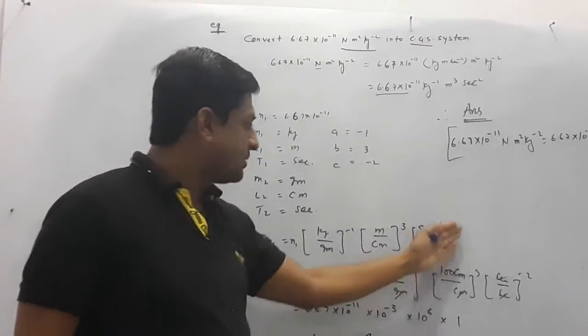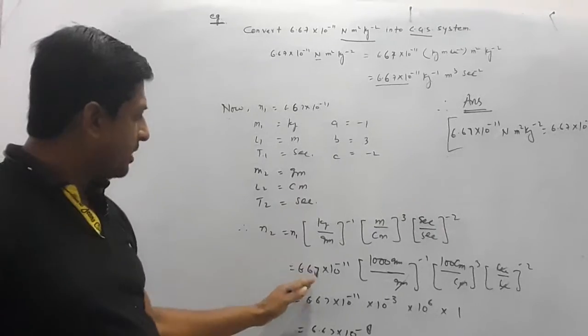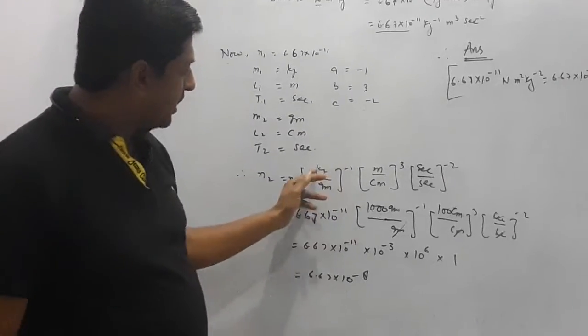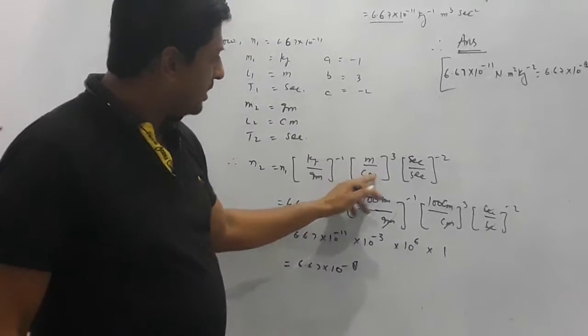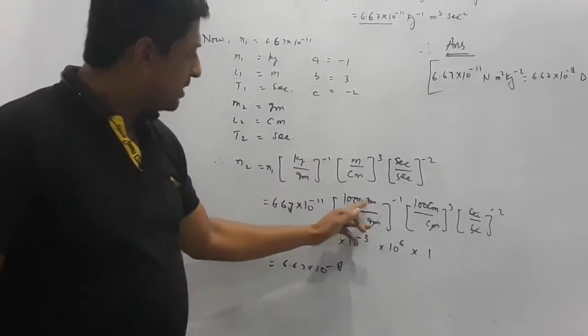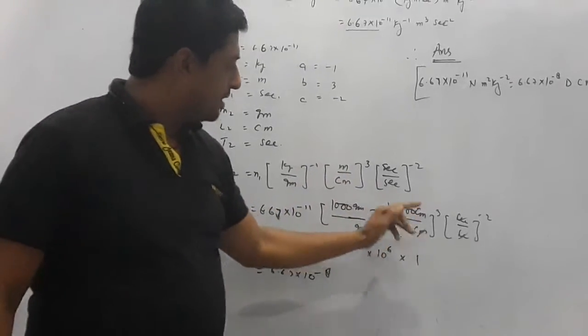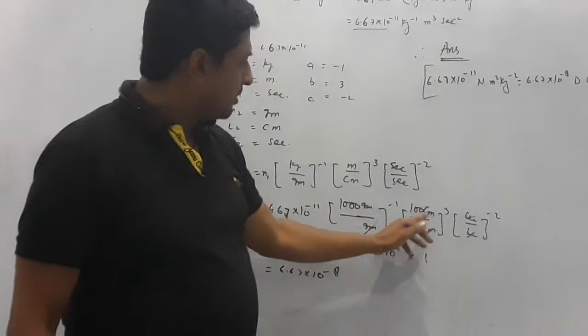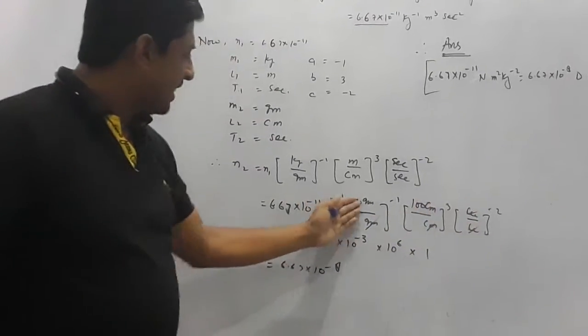Put in the formula: in place of n1 the given value, kg upon gram for m1 upon m2, l1 upon l2, t1 upon t2. Now convert kg into gram, so 1000 gram, meter into centimeter, 100 centimeter, second as it is. Cancel the gram, centimeter, centimeter, second, and collect the powers.